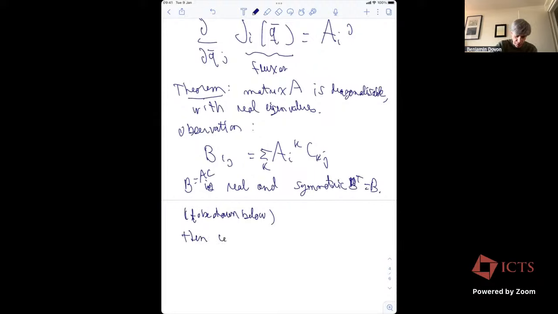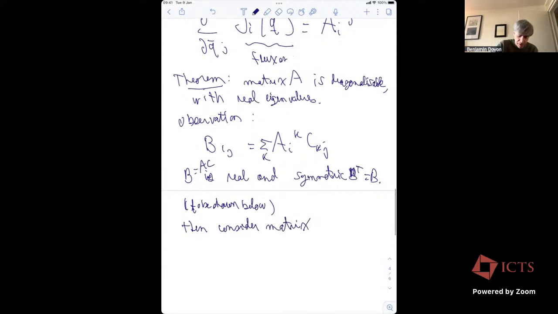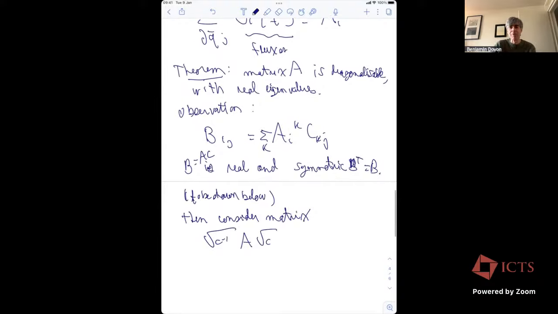If this is the case, then we can consider the matrix square root of C inverse times A times square root of C. I don't have a name for it, actually. It's just that matrix.